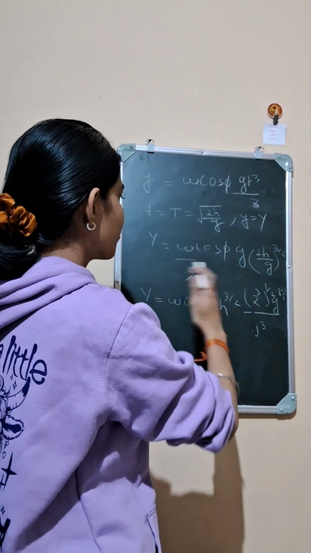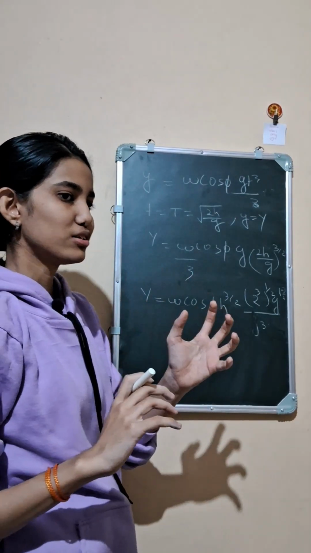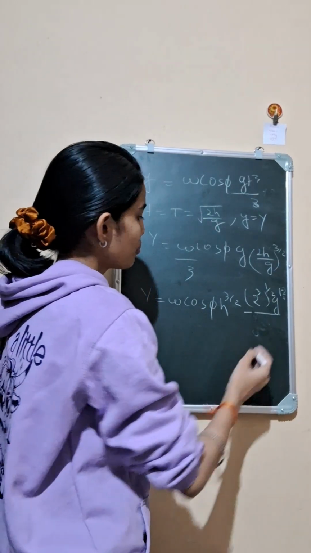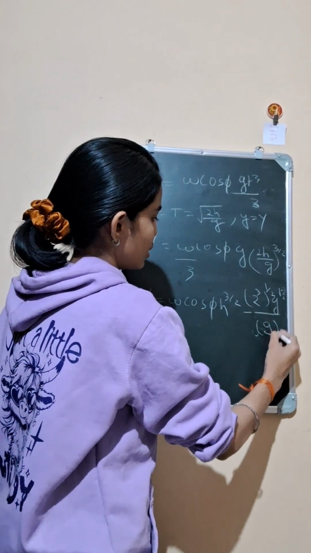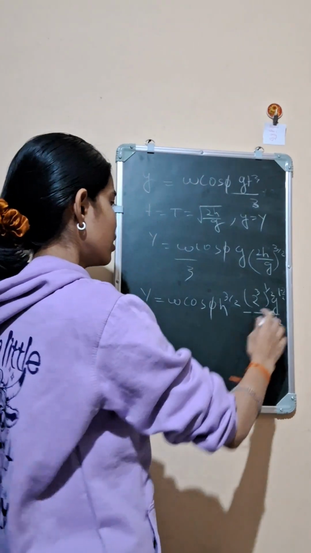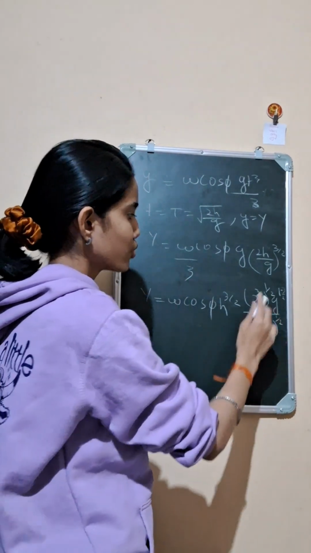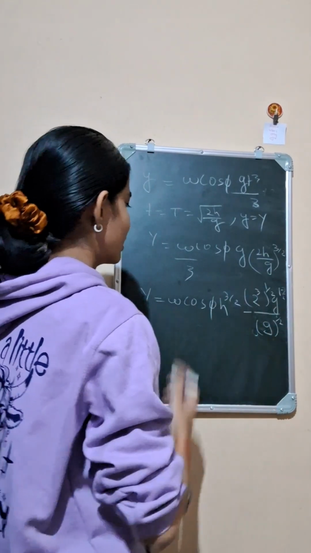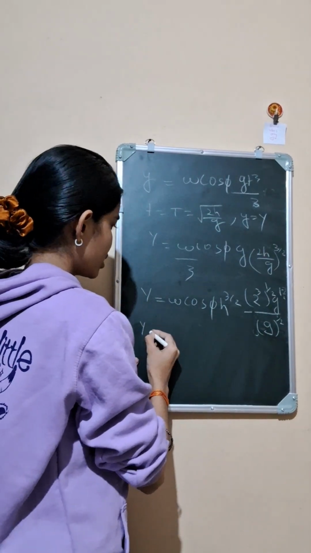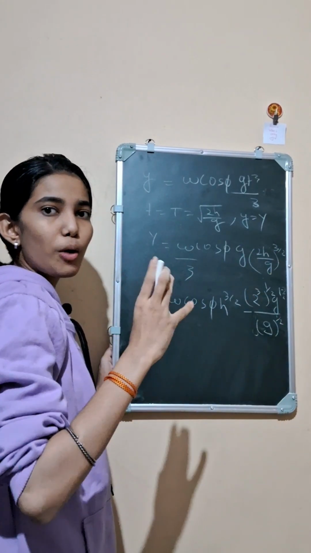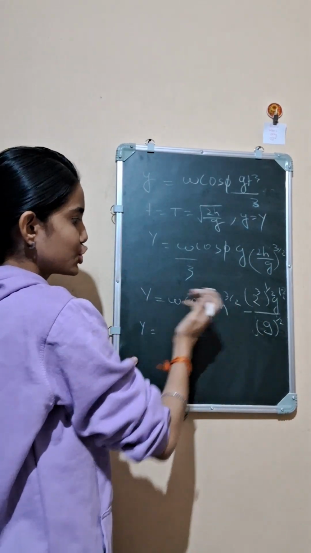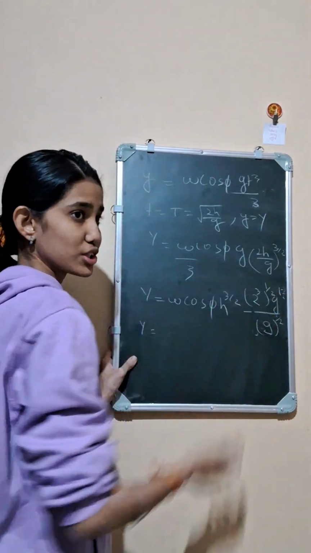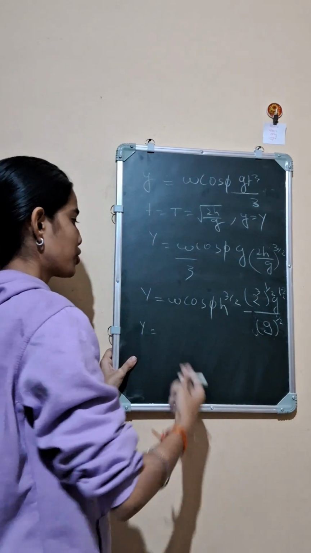So to get 3 with power 1 by 2, we can just square it and say 9 to the power 1 by 2, because the root of 9 is 3. So we just want to get a power of 1 by 2 for these 3 times. So that we can take a common power and take h outside, because it will look more beautiful. We can just use this equation, but to make it look more beautiful, we are doing some calculations.